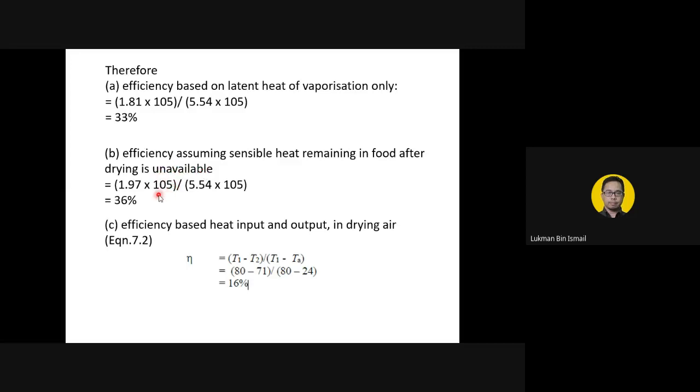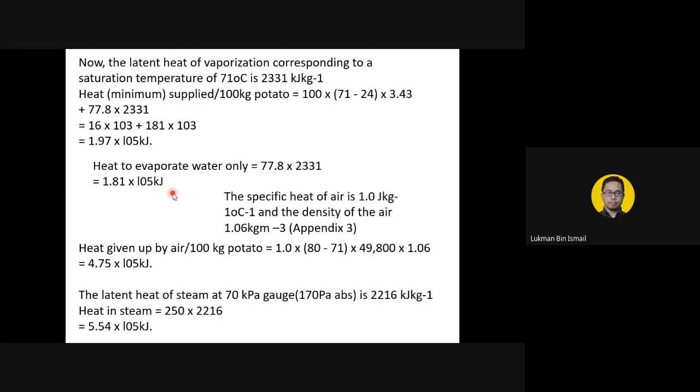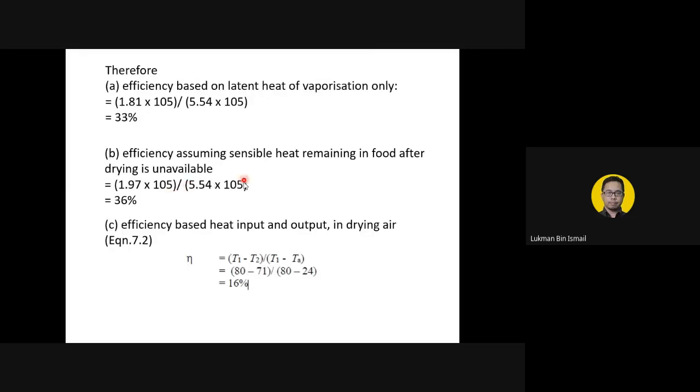So 1.97 is the heat supplied to the potato, and 5.54 is the heat supplied by the steam. Based on heat remaining in food, you have a higher efficiency of 36%.